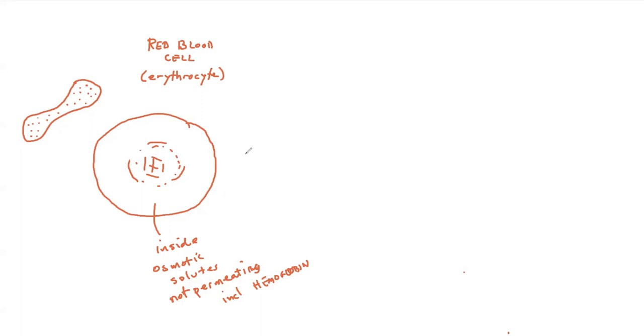Okay, that's the background. In this experiment that we run in physiology, you can take the erythrocyte and put it into seawater, or you could put it into fresh water, or you could put it into contact lens solution, isotonic saline.